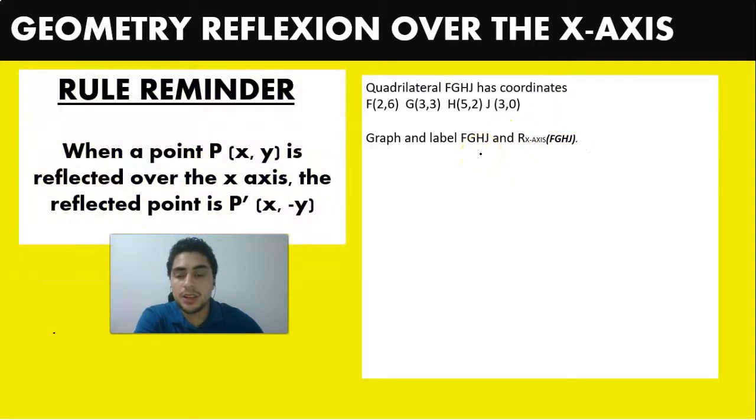Now, guys, a rule reminder. Whenever we have a point P and that point is reflected over the x-axis, the reflected point, P prime, is going to be (x, -y).